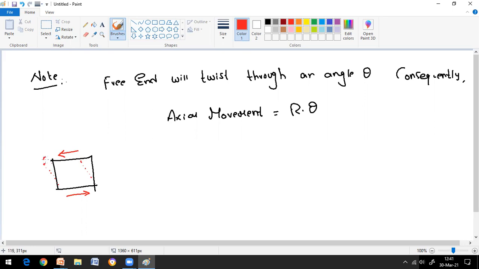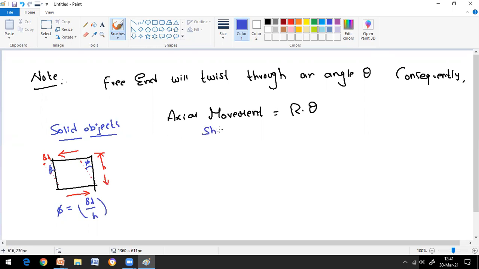There will be a change in length with respect to the height of the member. Then the shear strain can be written as delta L by H. So this is for solid objects.